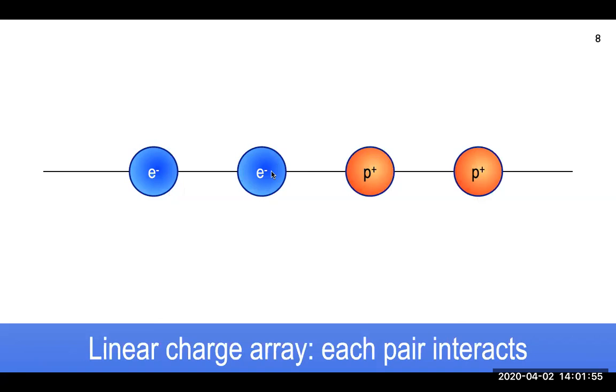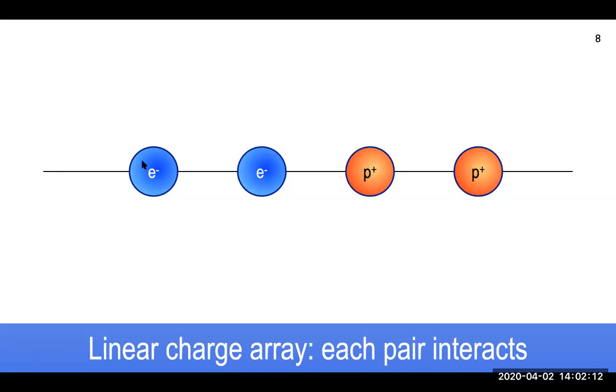So you have to keep in mind a couple things. For the particle under consideration, is it getting a repulsion from any of its neighbors? And is it getting an attraction from any of its neighbors? And here we've got a mixture.